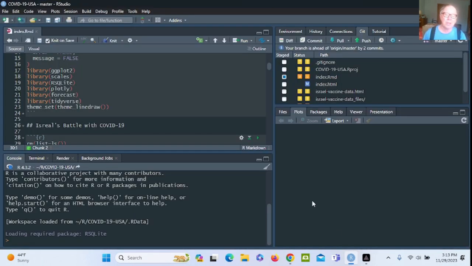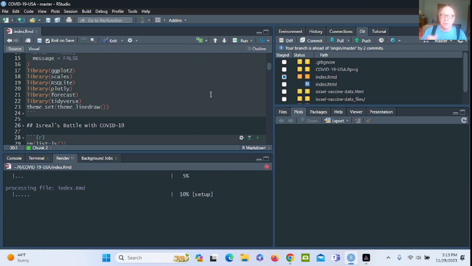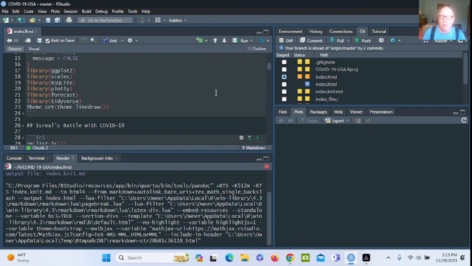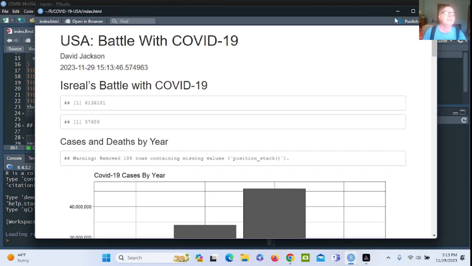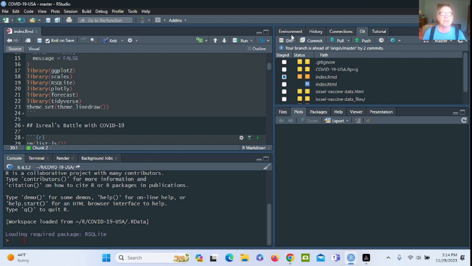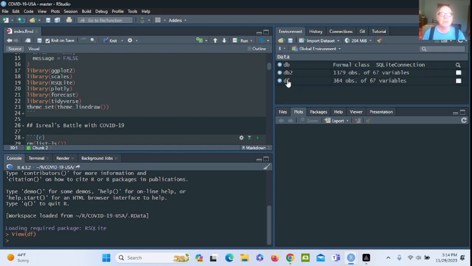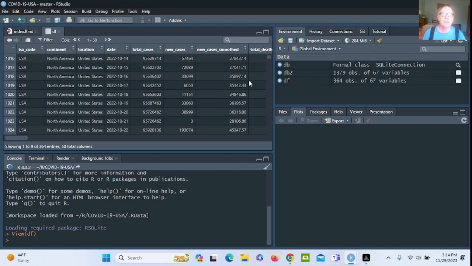And as always, we're starting with RStudio. We could, of course, convert this to Quarto, but that's a subject for a different time. So first of all, let's take a look at this DF number. We'll only look at the previous 365 days, okay?